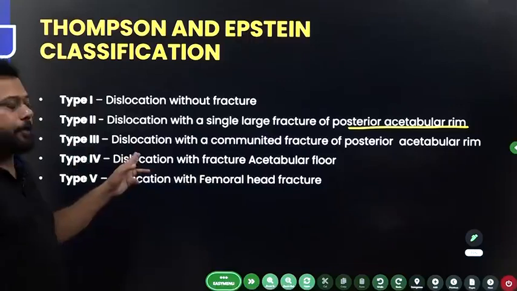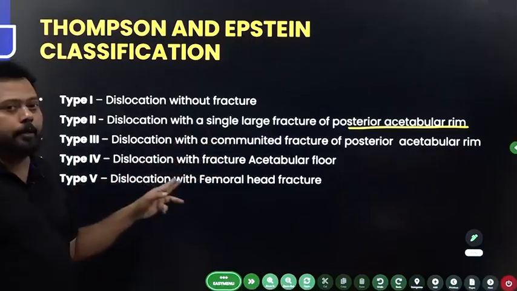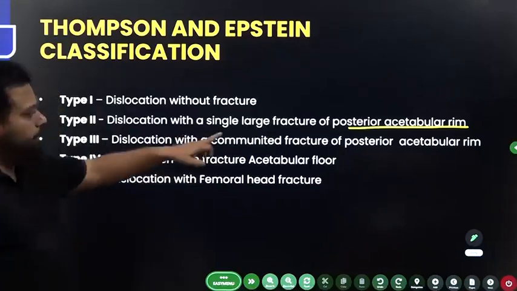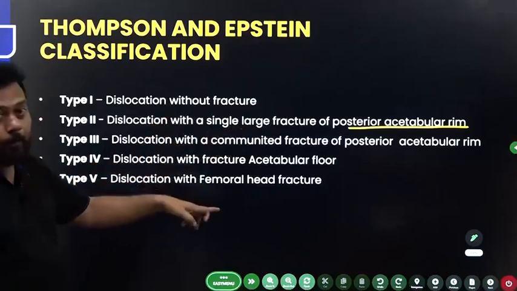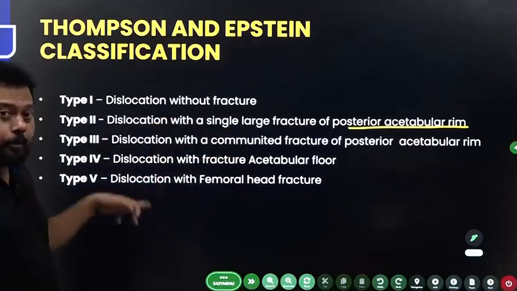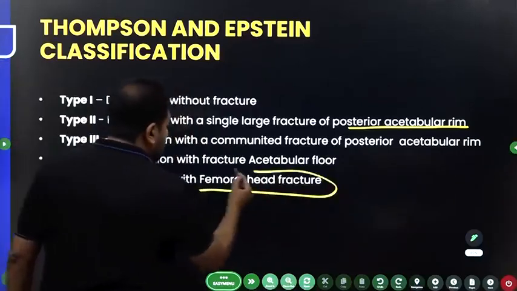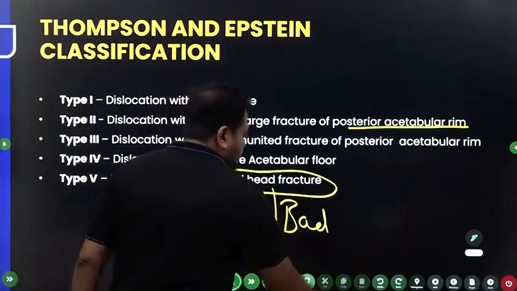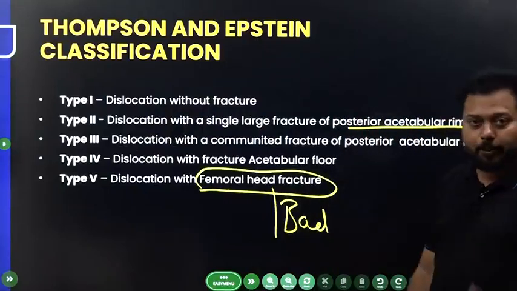Type 3: dislocation with a comminuted fracture of the posterior acetabular rim. Type 4: dislocation with fracture of the acetabular floor. In type 2 and type 3 it is the acetabular rim; in type 4 it is the acetabular floor. Type 5: posterior dislocation hip associated with fracture of the femoral head. This has a very bad prognosis.